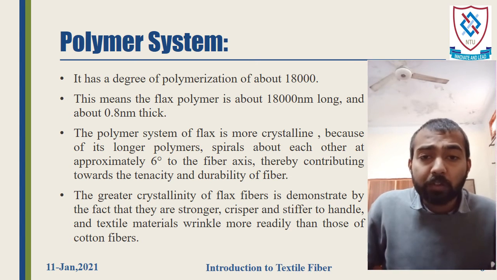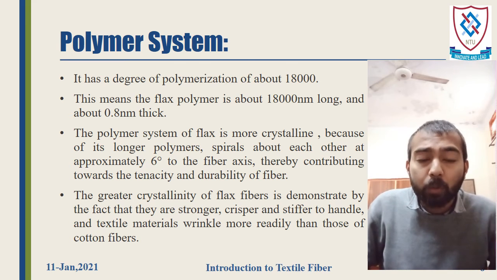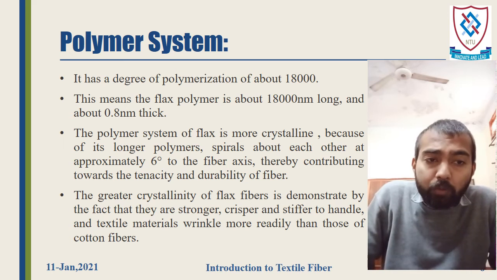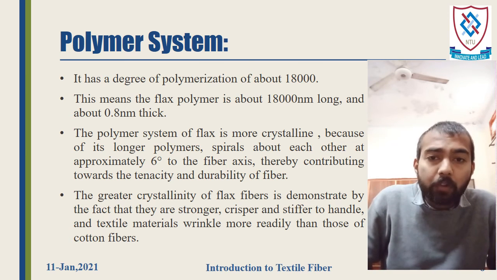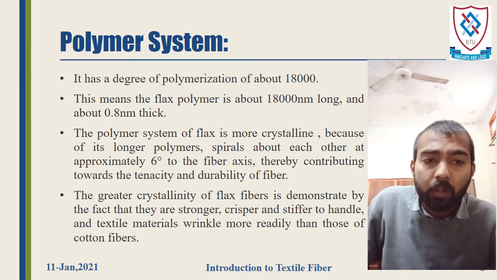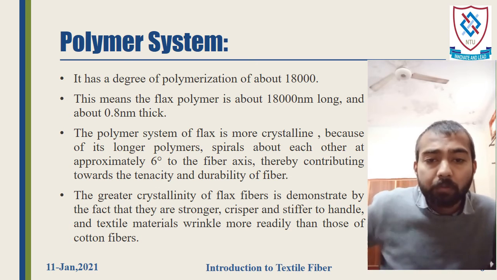The greater crystallinity of flax fiber is demonstrated by the fact that they are stronger, crisper, and stiffer to handle, and textile materials wrinkle more readily than those of cotton fibers.